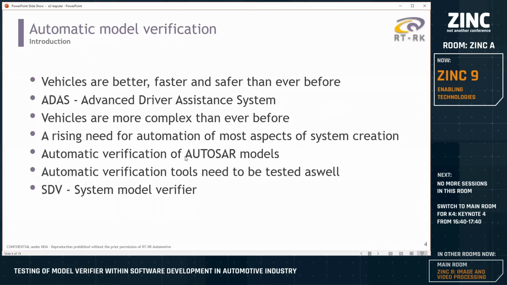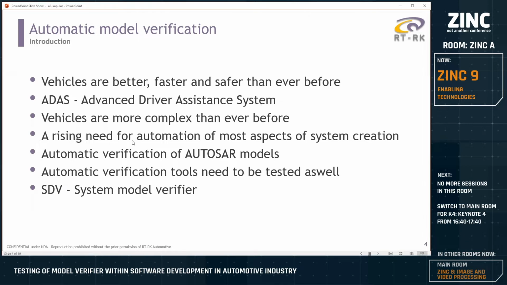So these days, vehicles are better, faster, and safer than ever before, mostly due to advanced driver assistance systems. However, they are also more complex than ever before, and that makes automation a very big part of creating automobiles these days.